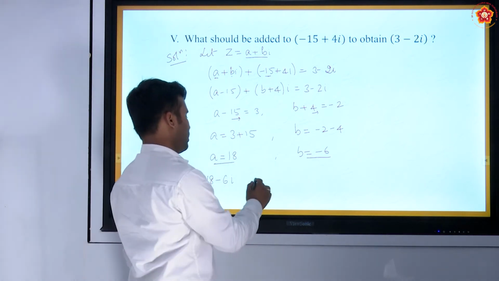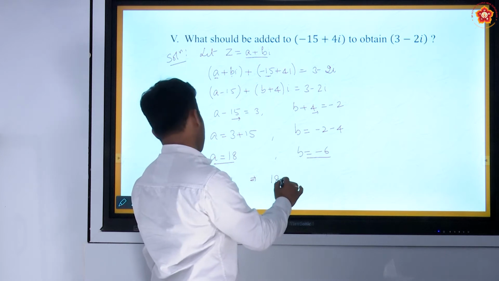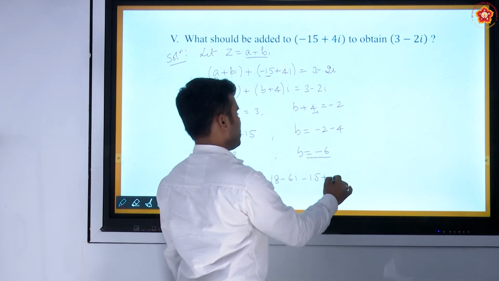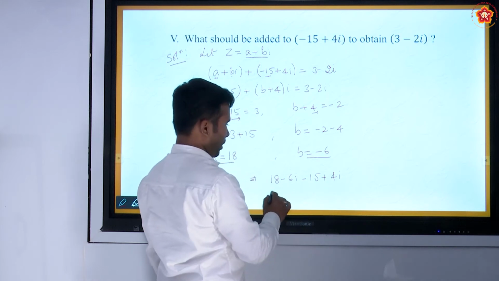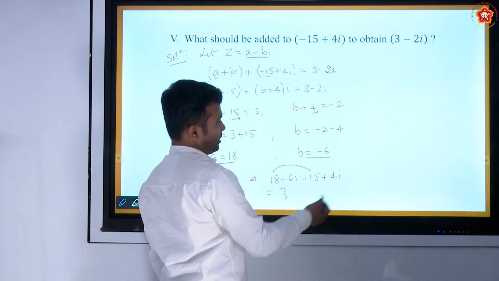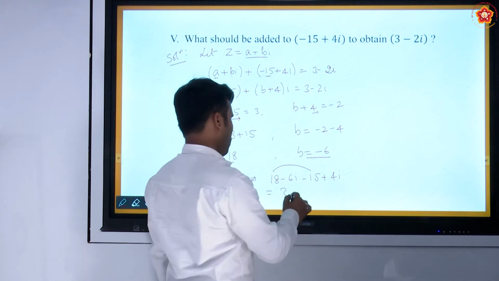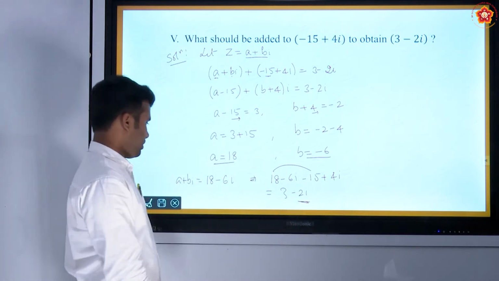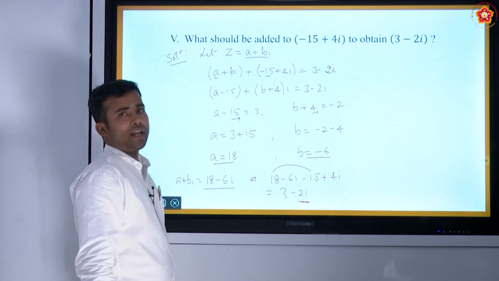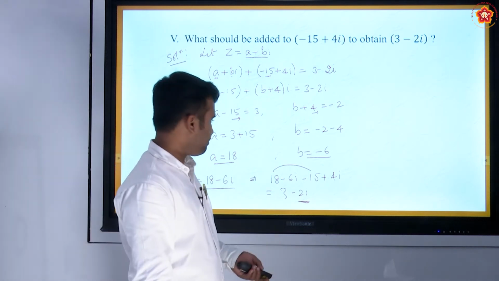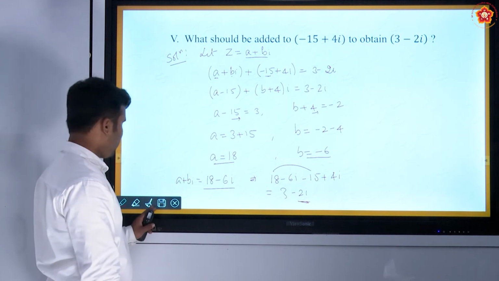You can check it. So 18 minus 6i plus minus 15 plus 4i is equal to what? 18 minus 15 will be 3, and minus 6 plus 4 i will be minus 2i. So hence we should add 18 minus 6i to that to get 3 minus 2i. And this is how we can find it.